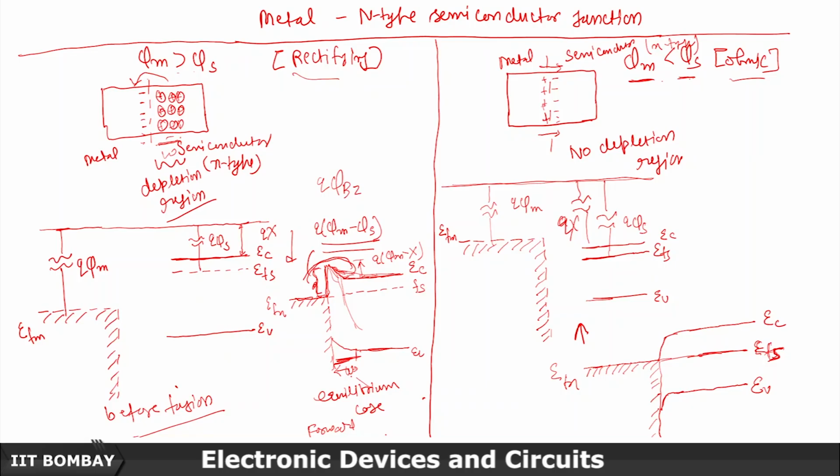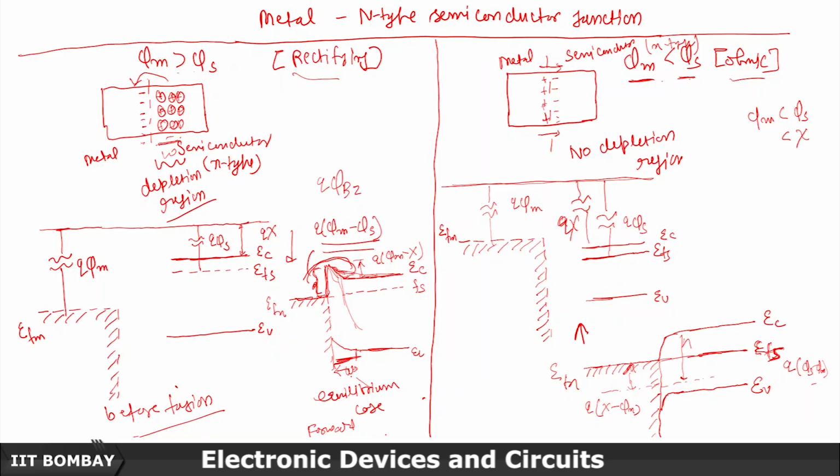And since I have assumed that phi m is smaller than phi s and smaller than chi, if I calculate the potential, this work function difference, that would be Q chi minus phi m. This is for this case, and with respect to the same level, this would be Q phi s minus phi m, something like that.